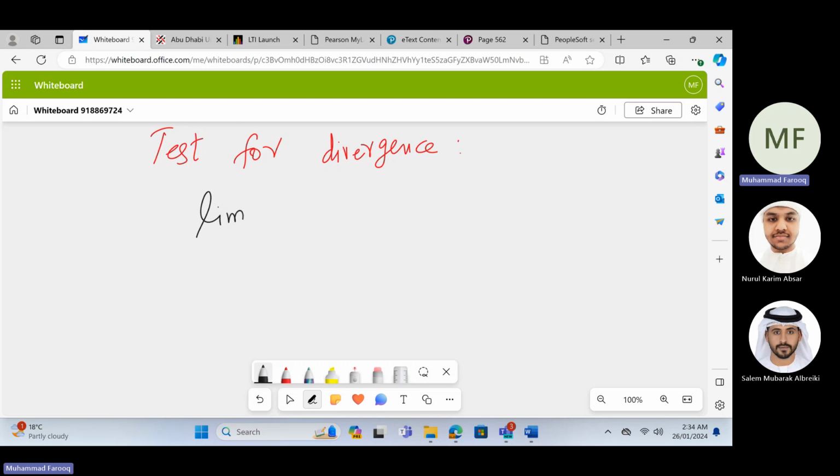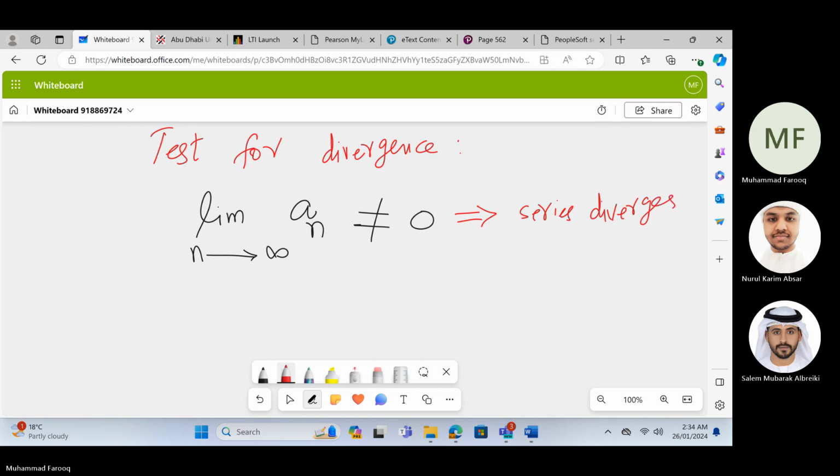If the answer is not equal to 0, this implies that the series diverges. And that's all. This is the rule.